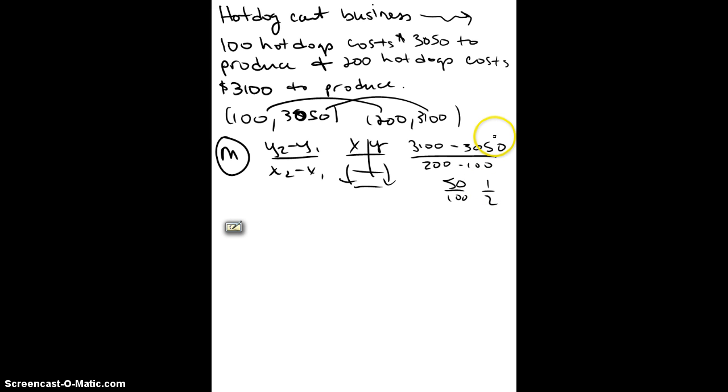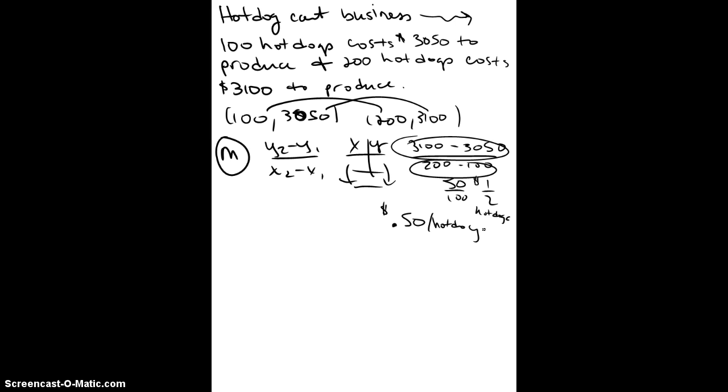If you look at your units, this is money over hot dogs, which basically means they can produce 2 hot dogs for $1. So as a decimal, that would be 50 cents per hot dog. And that, again, is their cost for things that are consumable, like the bun, the hot dog, and ketchup.